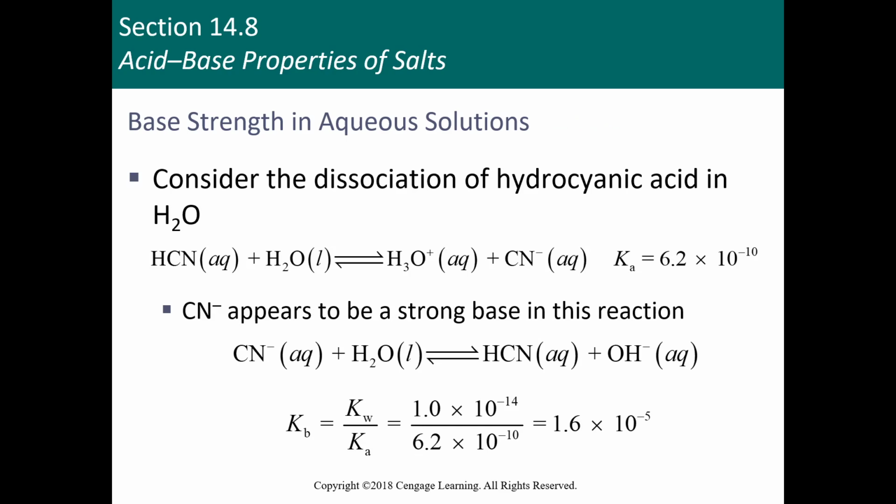However, if we look at the other way, so let's think about this a little bit, okay? Right here, this is a very, very weak acid. This is one of the smallest numbers you've probably seen in this chapter. And so, yes, it is a very weak base.